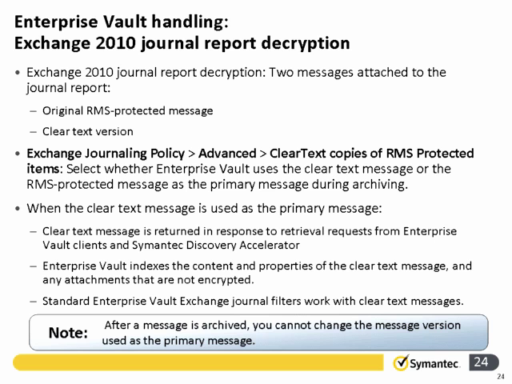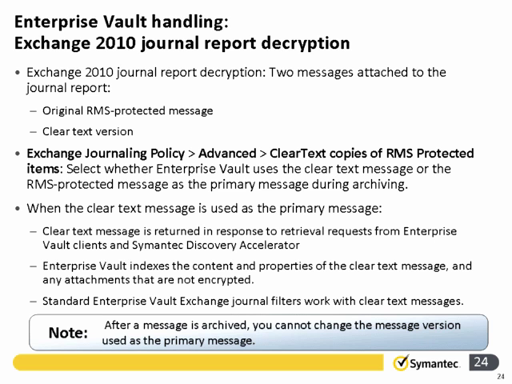And once we've stored that particular item in clear text, we can then index that information, which will give us the capability of searching it with utilities such as the Discovery Accelerator and the Compliance Accelerator. And where you set this up, it's going to be part of the Exchange journaling policy in the Advanced section. And we'll look at an Exchange journaling policy a little bit later in the lesson.